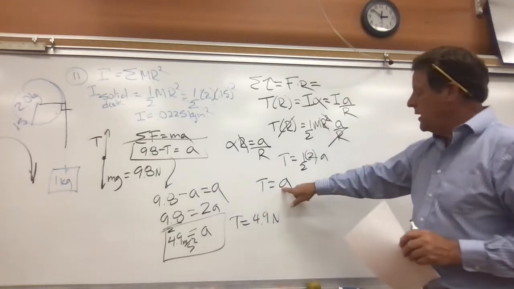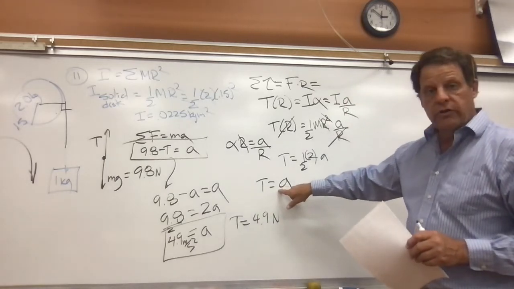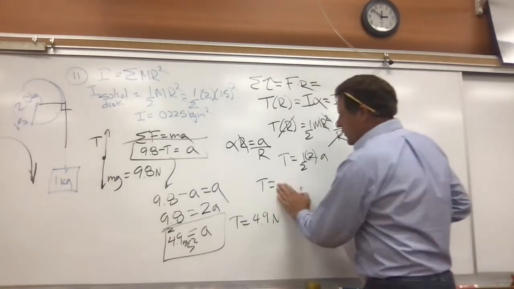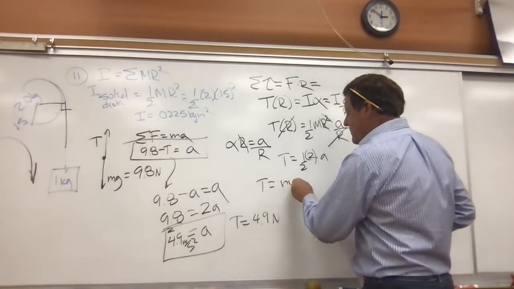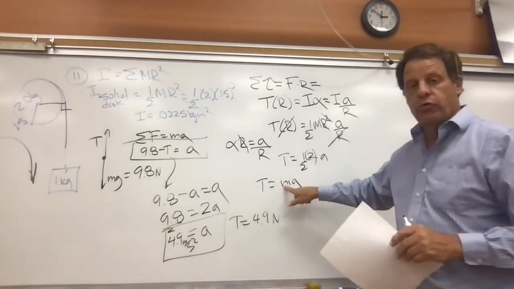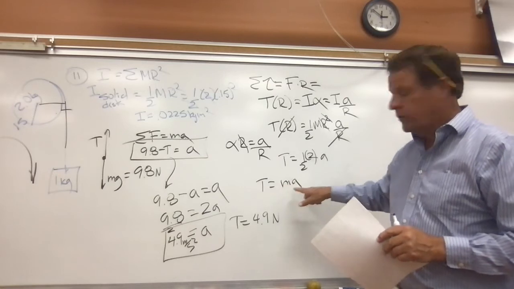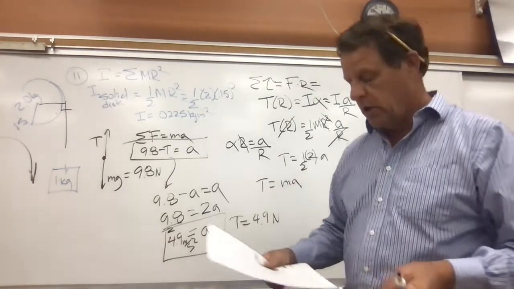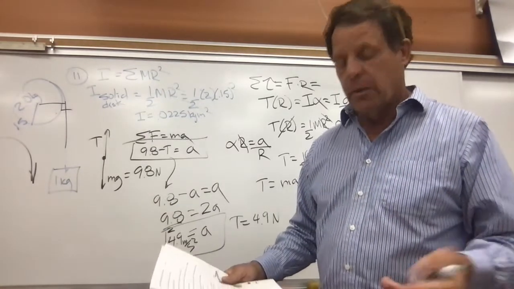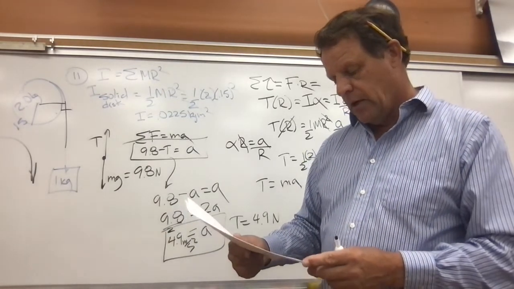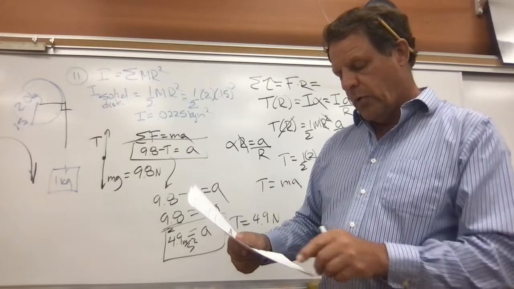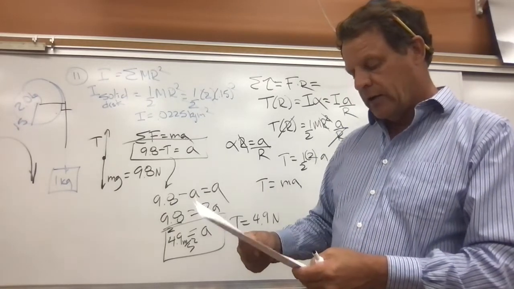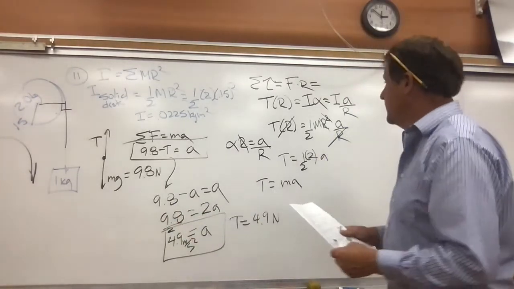Now you may question this because I just have A, but remember this was really equal to MA, and that M was 1. So A times 1 gives us our tension, and the units are correct. It's just that the number is the same. Okay, so we now want to calculate the angular acceleration.